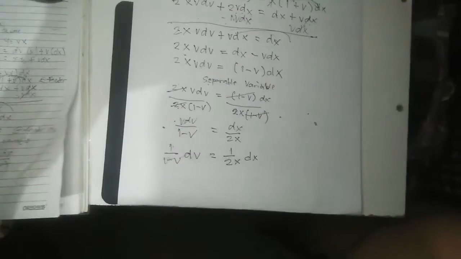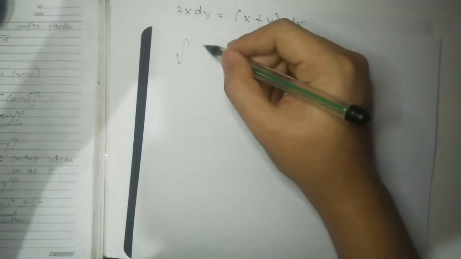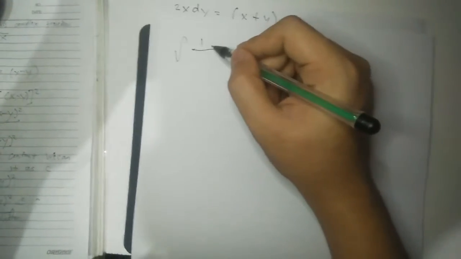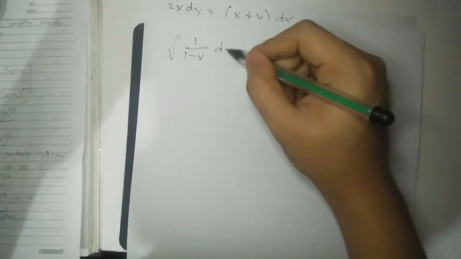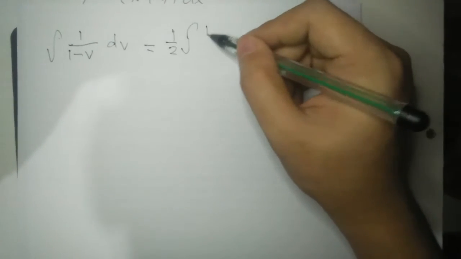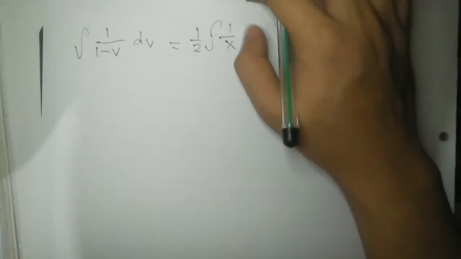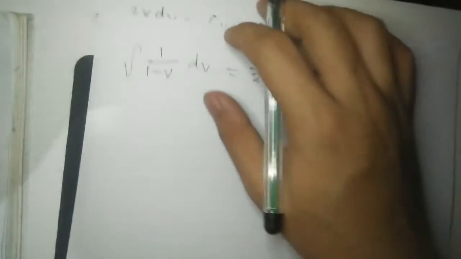Now, as you can see, we can integrate them. The integral of 1 over (1 minus v) dv equals 1/2, because we bring the 1/2 in front of the integral, then the integral of 1 over x dx.